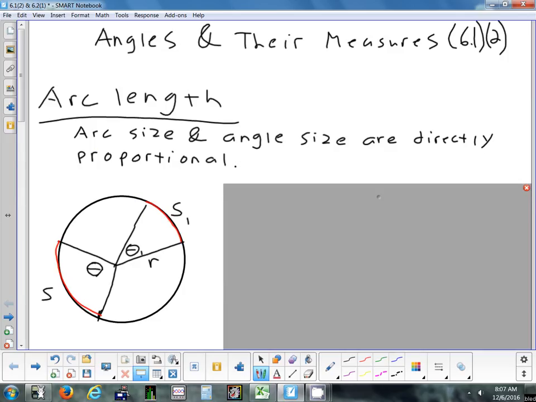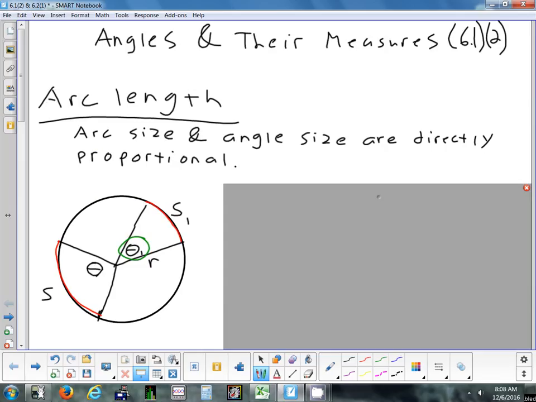And yesterday I gave you something that I said we're going to come back to, and now we're going to come back to it. If you make this angle a certain size, then it causes something special to happen if you compare the arc length and the radius length. Does anybody remember from yesterday how big this angle would have to be?